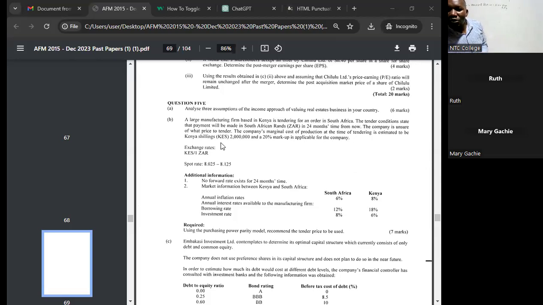The company is unsure of what price to tender. The company's marginal cost of production at the time of tendering is estimated to be Kenya shillings 2 million, and a markup of 20% is given. The current exchange rate of Kenya shillings against rand is given as this. So we are having here spot rate only.